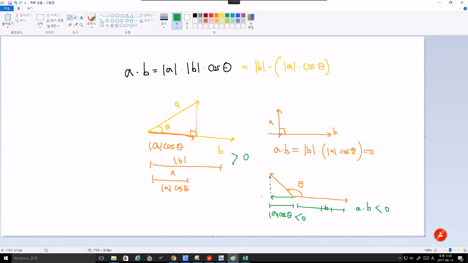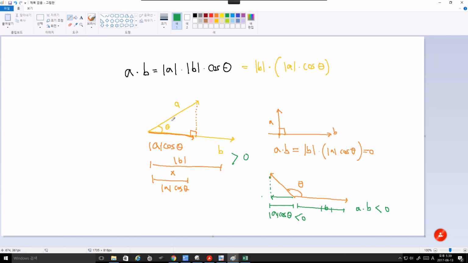B wants to move this way, but A moves this way. Actually, A prevents B from moving in this direction. So that's why it's negative. They are not helping each other.